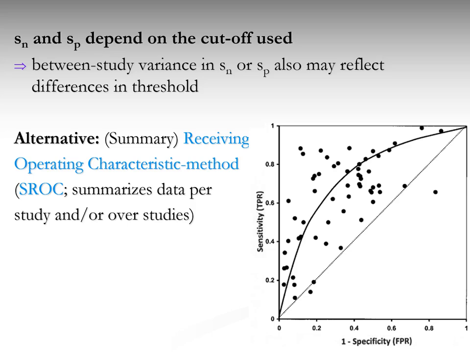If the instrument does not work at all, then the dots would be scattered around that diagonal line. More specifically, then you would expect that the probability that positive cases are tested positively is exactly the same as the probability that negative cases are positively tested. So in that case, the dots would be distributed around that diagonal line.